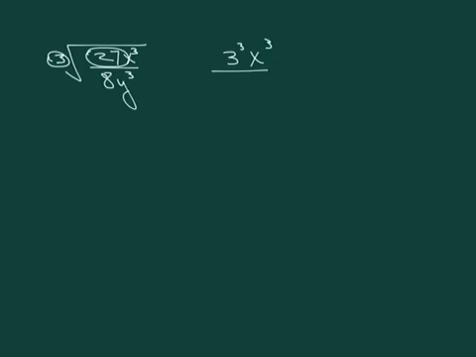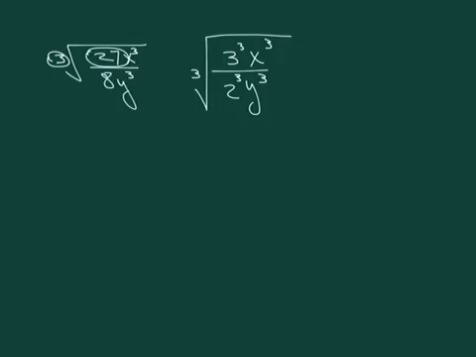We're going to do the same thing with the 8, and it's 2 cubed, 2 times 2 times 2, and then everything else stays the same. I'm not sure if I showed you that trick, but the hardest part is simplifying the numbers with these.